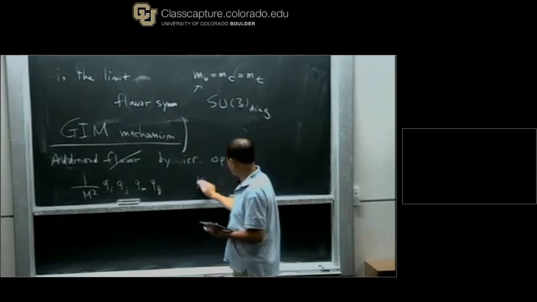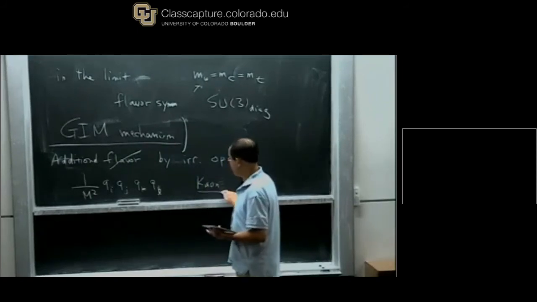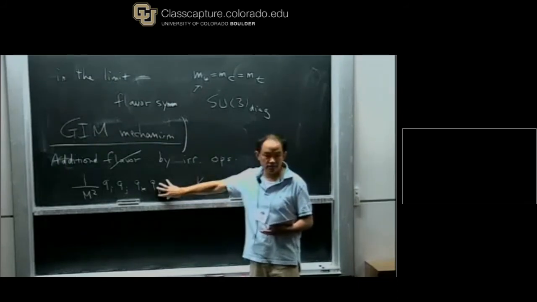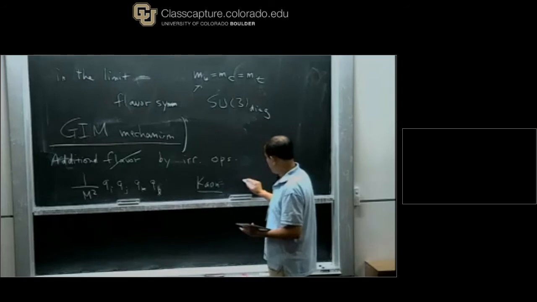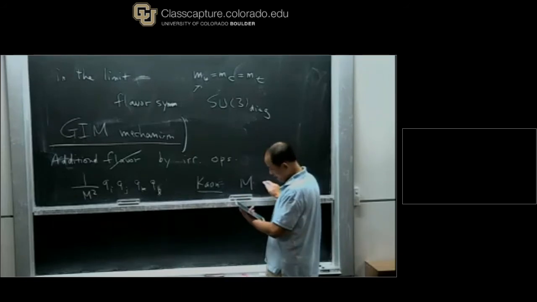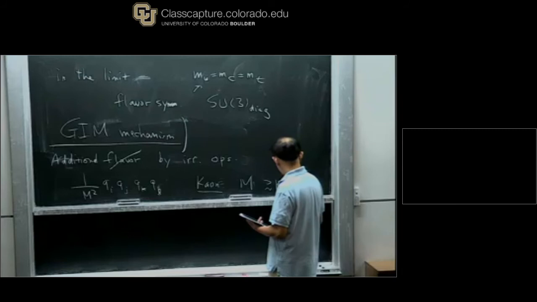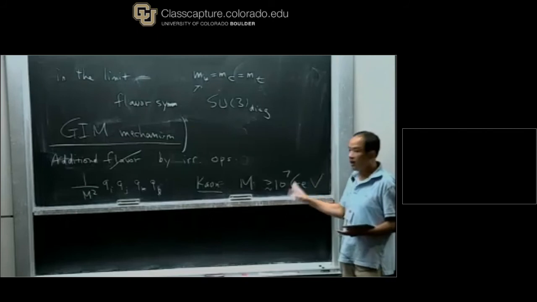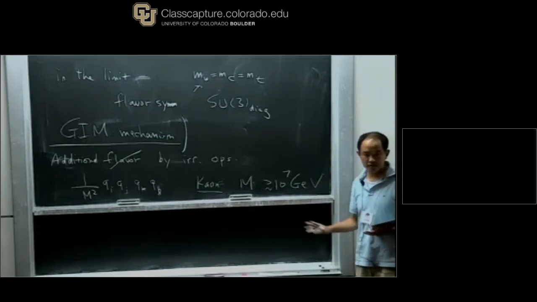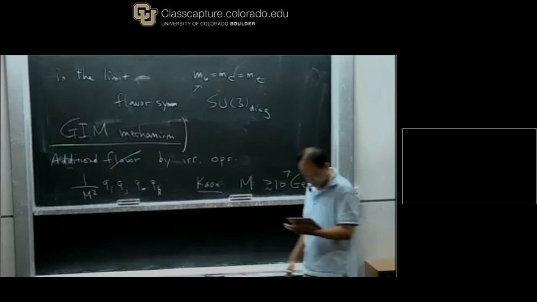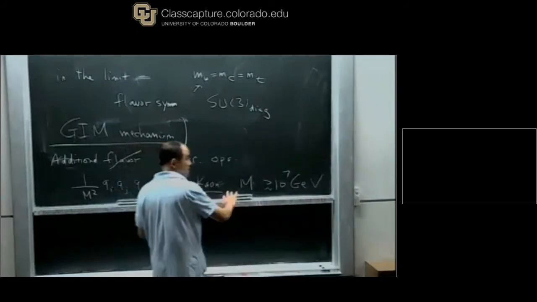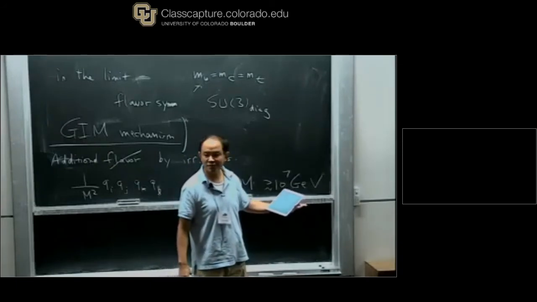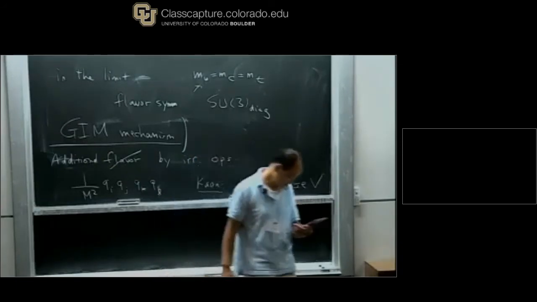In fact, CKM mixing is one of the things that give you the strongest limit on operators like this. So CKM mixing means that M is greater than 5 orders of magnitude above the weak scale. We'll come back to these facts. These are all very important when you think about beyond standard model new physics, because these are obvious constraints.